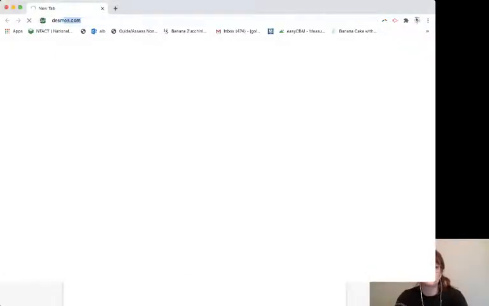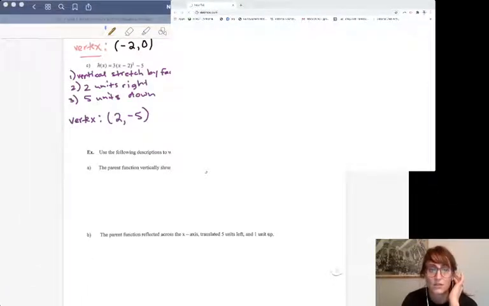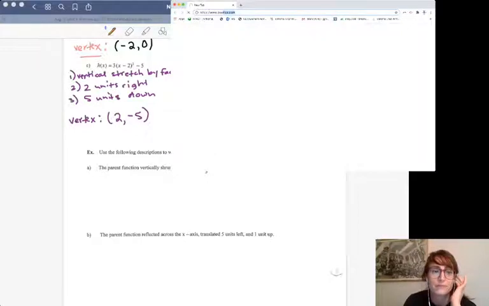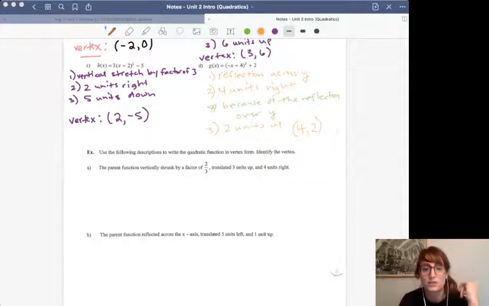So if I want to check my answer to that problem, let's make this smaller so we can look side by side. If my computer is ever going to load Desmos, I will show you how to do this. This is getting on my nerves though. All right, I guess we're not gonna really do that right now. I might have to show you guys that in class or after I'm done with the other part of the notes because that is being really disappointing. So let's just move on.